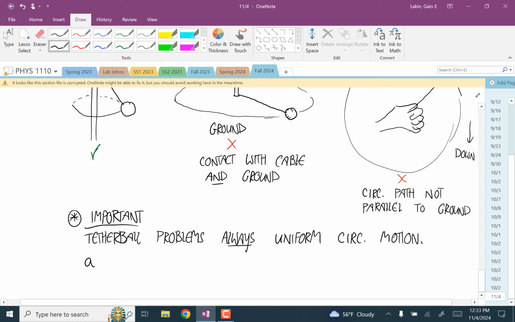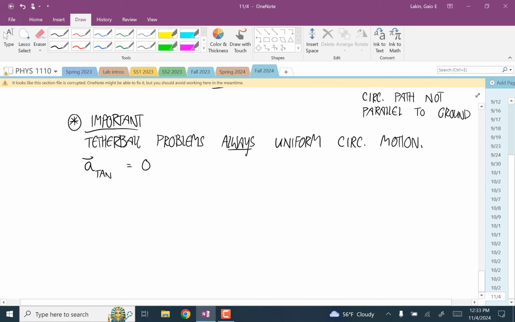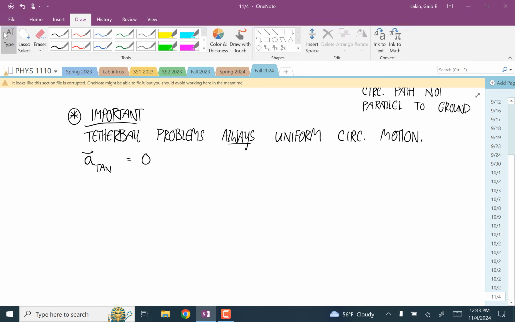In other words, the tangential acceleration is always equal to 0. So we don't have to worry about that. We don't have to think about calculating it or anything. And so once you've identified a tetherball problem, here's a set of general steps for doing it.